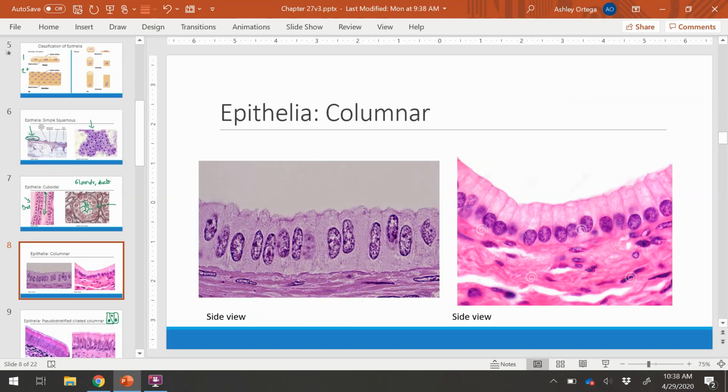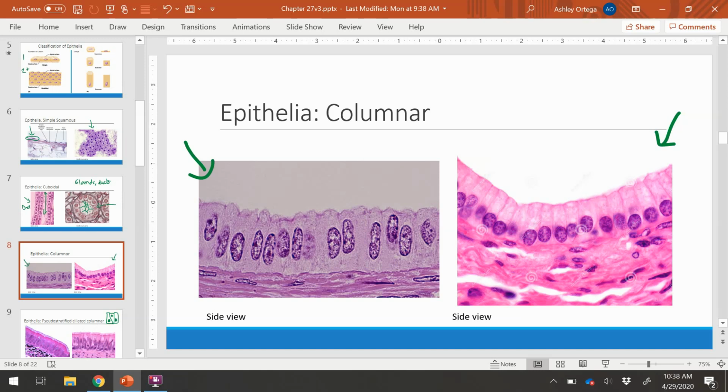So moving right along now to the columnar cells. As you can see, most of the images will come from a side view, as the bird's eye view is not beneficial in this case, to see that these are rectangular, they're long. Some of their nuclei can be very, very large, as you see on this image on the left. But some of them can be smaller and be closer to the bottom of the cell, which is shown here on the right.